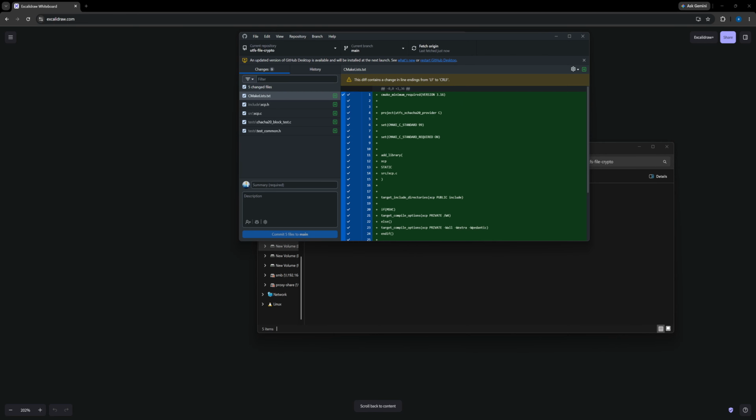So this should be able to be followed along with now. So we added the ChaCha20 cipher.